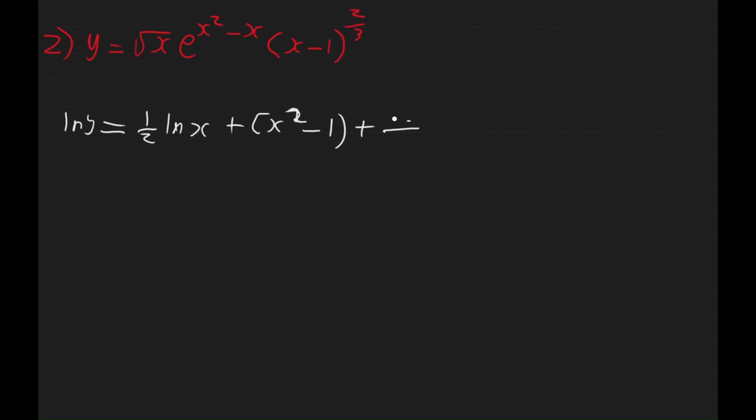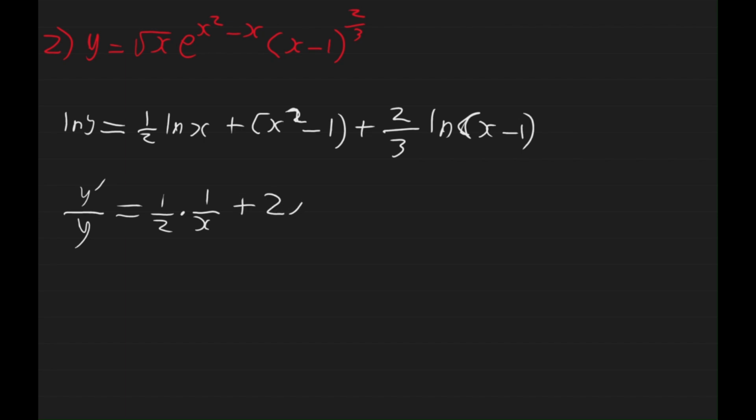Plus 2 over 3 ln x minus 1. Let's differentiate both sides. So y dash over y is equal to half multiplied by 1 over x plus 2x minus 1.